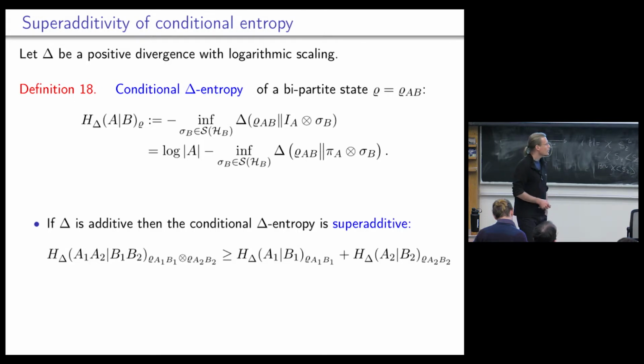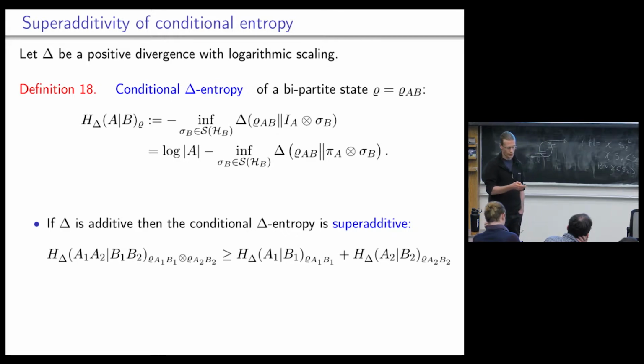Right? And the next thing that we want from an information measure is that it should be additive. And if you start with an additive divergence, then we have seen that the entropy becomes additive, but this is not automatically true for the conditional entropy. What is true from the definition, what is obvious from the definition, is that it is super additive. So if we take two bipartite systems and couple them independently, then the corresponding conditional entropy is going to be at least as large as the sum of the individual conditional entropies.